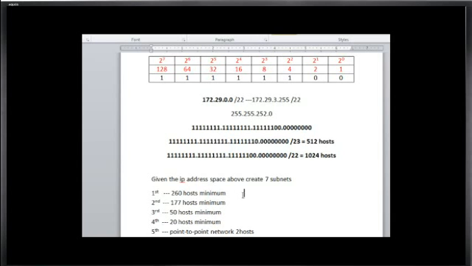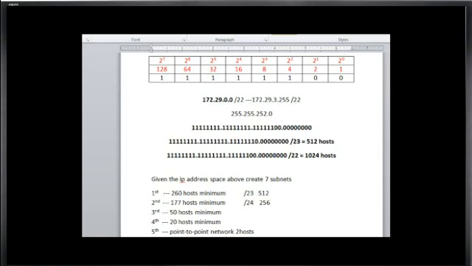So the first network we know is going to be a /23. It's going to be 512 hosts. Now the next network, 177 hosts, well, we could do a typical /24 for that because that'll give us 256 hosts.